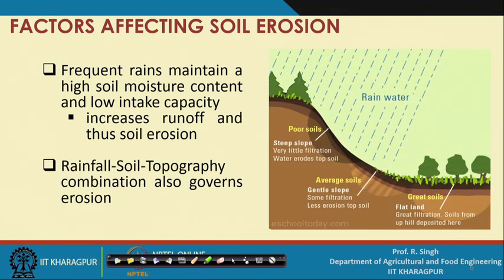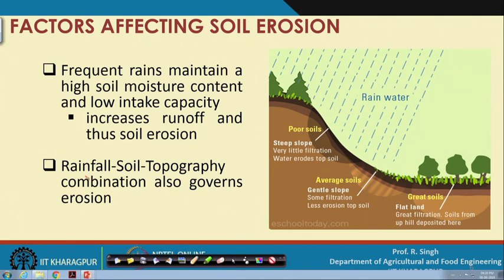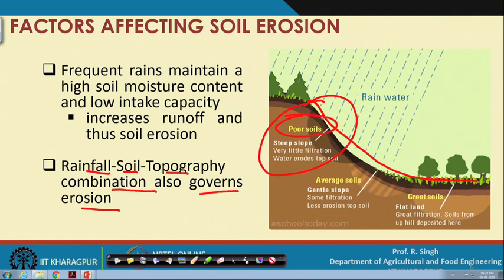And continuing with this, the rainfall, soil, topography combination also governs soil erosion, which is quite logical. So, if you look at a hilly terrain like this, then typically on this portion there will be more rocks or stones, that means the soil quality will be poor, and of course, the slope will be steeper.